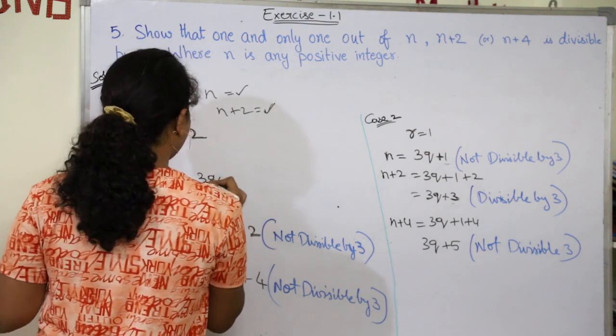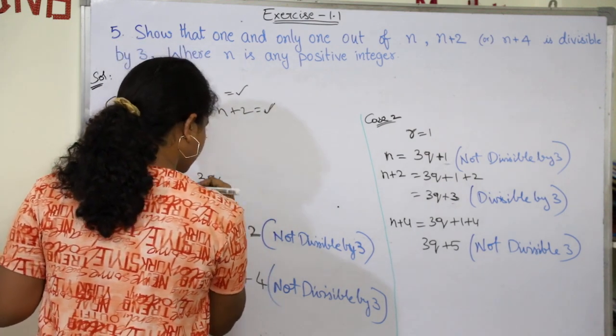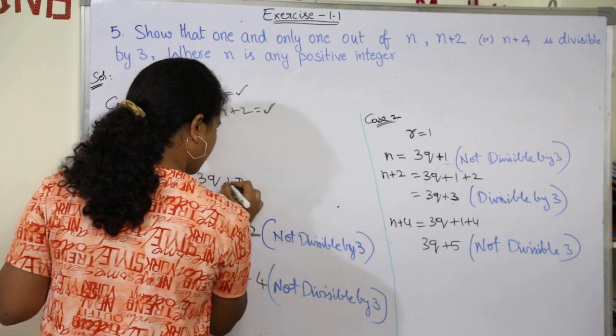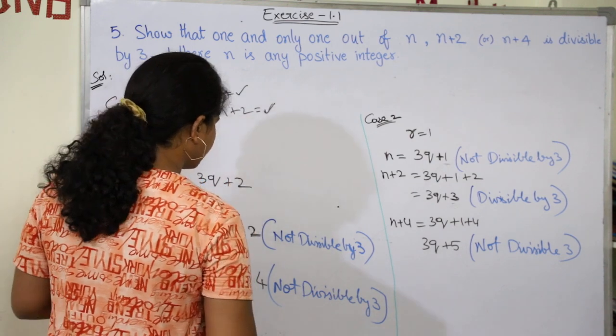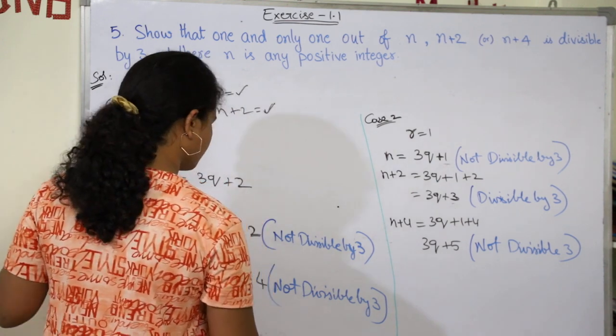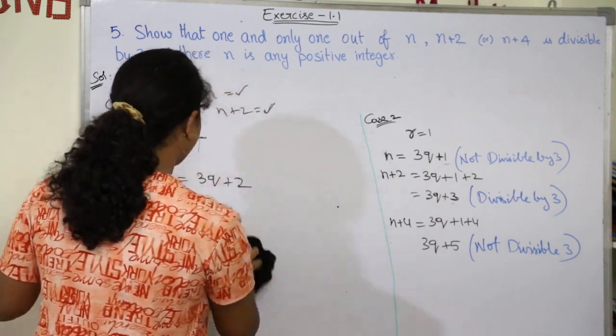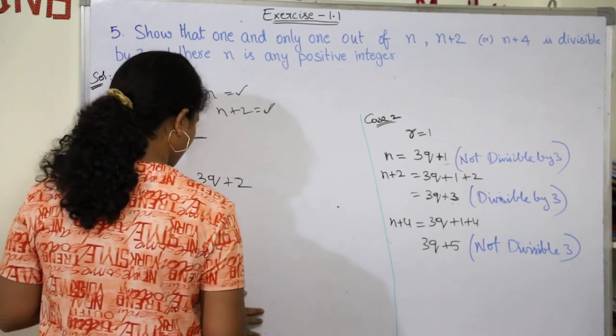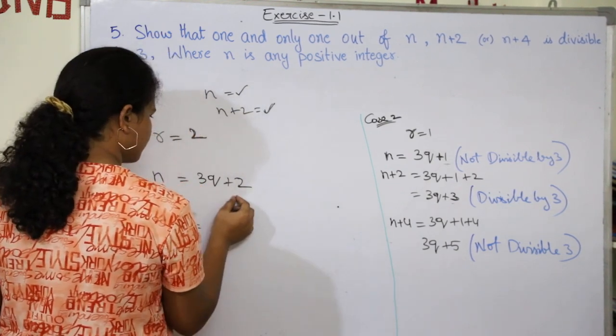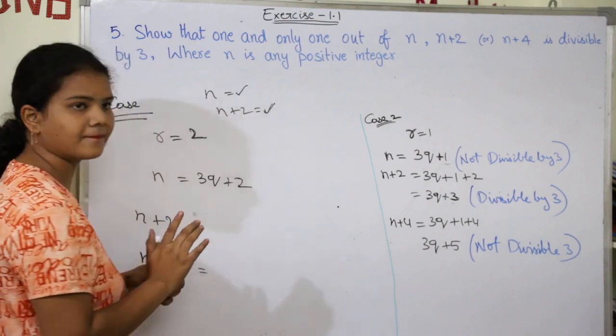If the remainder is 2, n = 3q + 2, right?